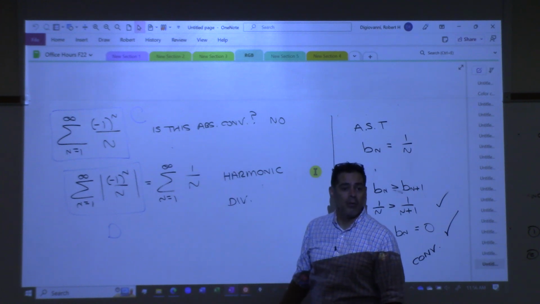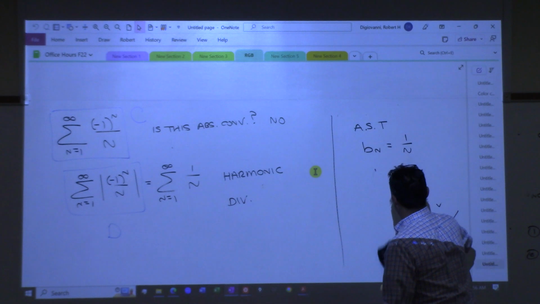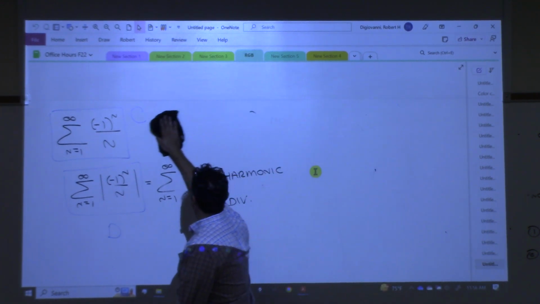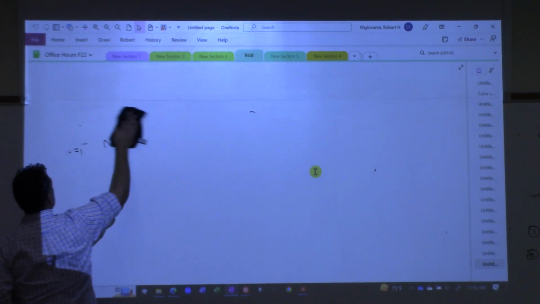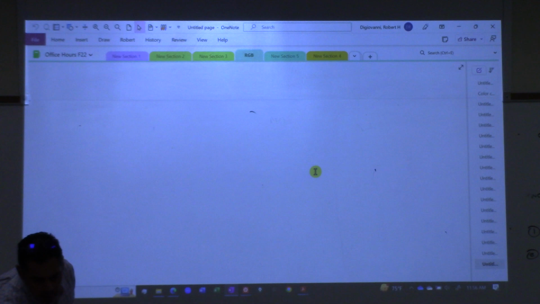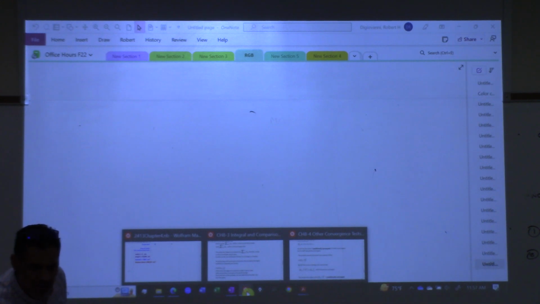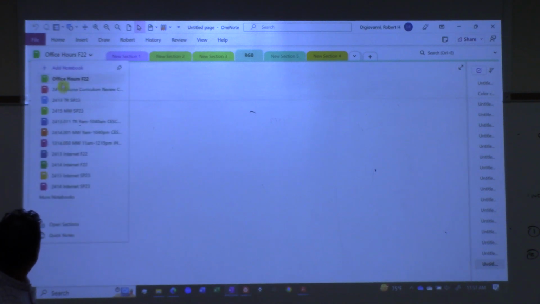This is an example. The first one is looking at negatives, the second one is. Let me put the theorem up here. This is on your cheat sheets, your table of tests. I think it's the very last one. Can you double check for me? Yeah, it's the very last one.